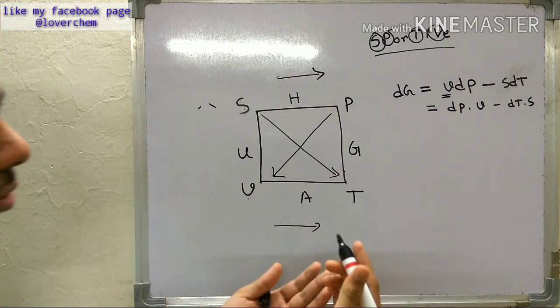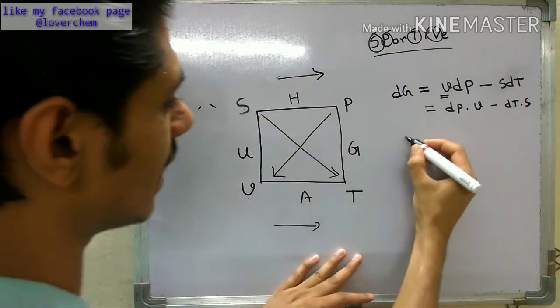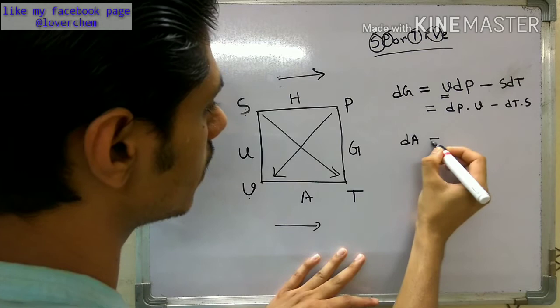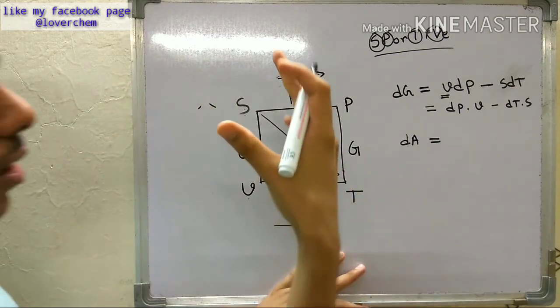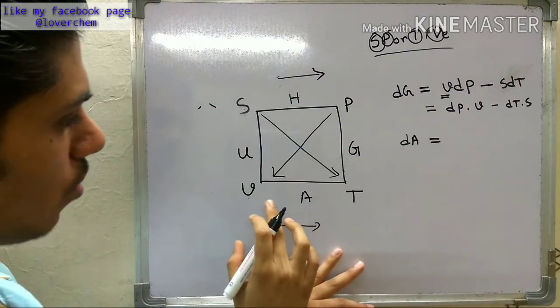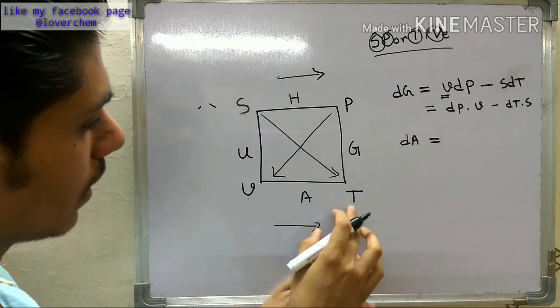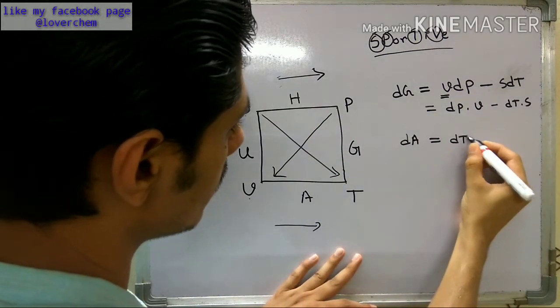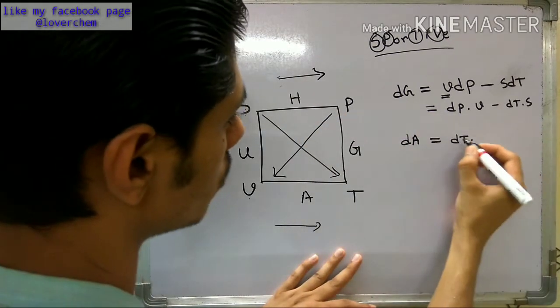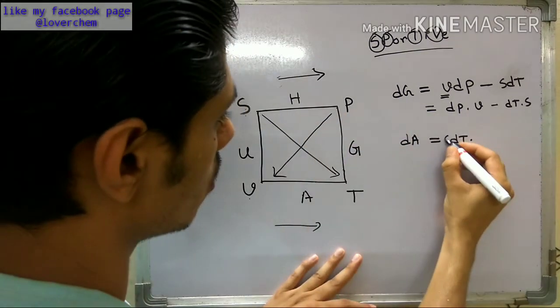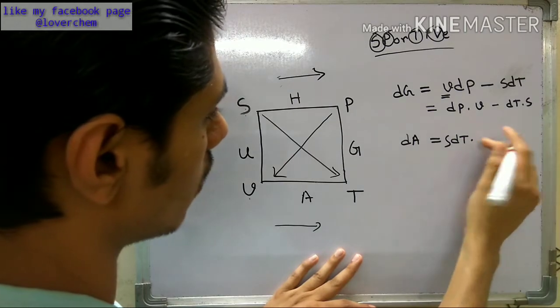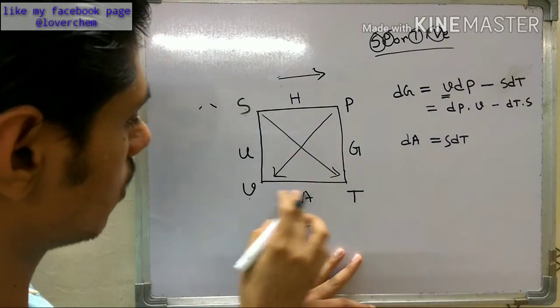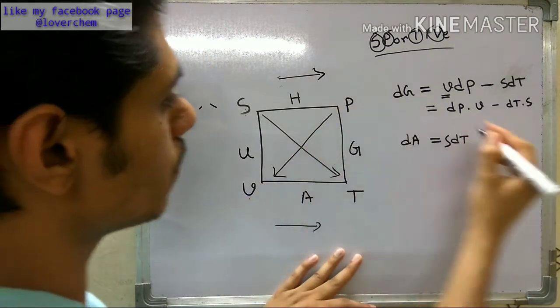So let's do the same thing for dA. Let's say we want to determine dA. So what will be the formula for dA? Now you can see in this case we should multiply dt into s, and the other thing will be dv into p.